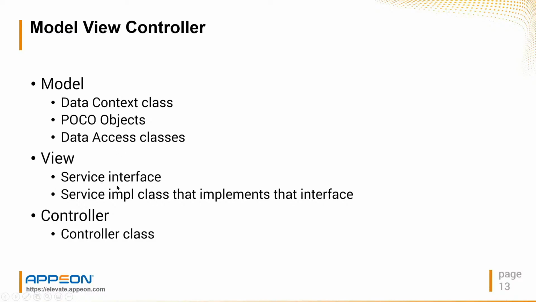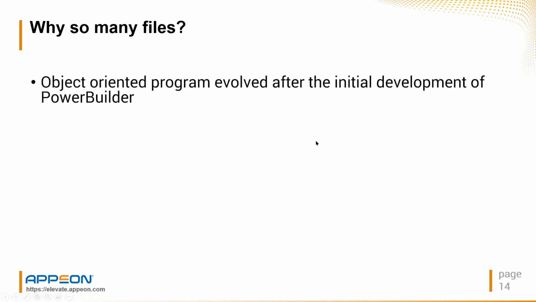Then you'll have a service interface and an implementing class, and a controller class. So the question you might have then is, why are we creating so many files for one particular REST API call? The reason is that there's been some evolution in thought as to how you're supposed to be doing object-oriented programming.